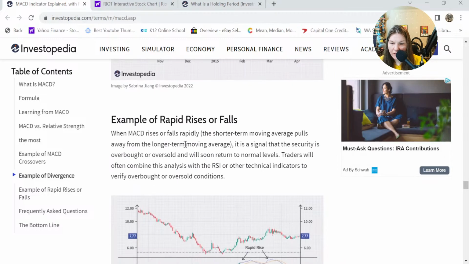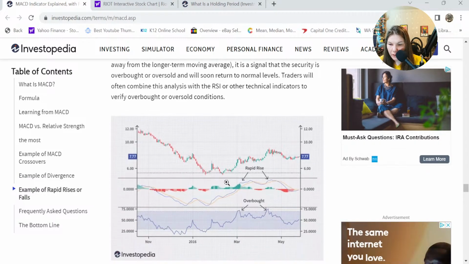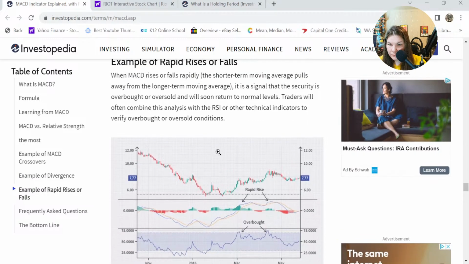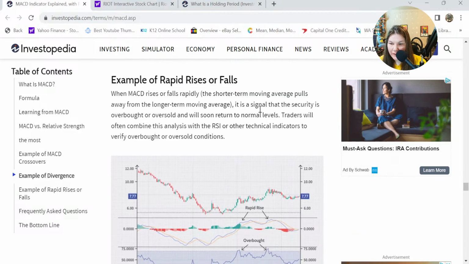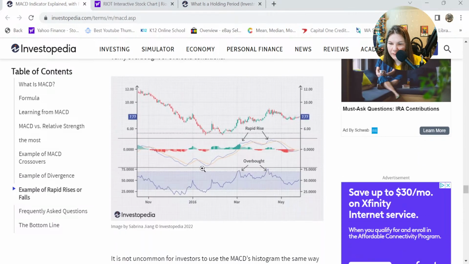When MACD rises or falls rapidly, the shorter term moving average pulls away from the longer term moving average. It is a signal that the security is overbought or oversold and will soon return to normal levels. Traders often combine this analysis with the RSI or other technical indicators to verify overbought or oversold conditions.